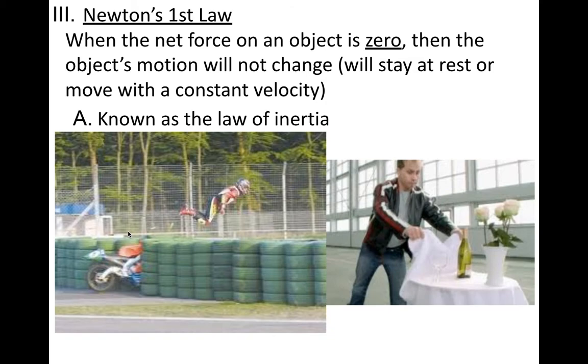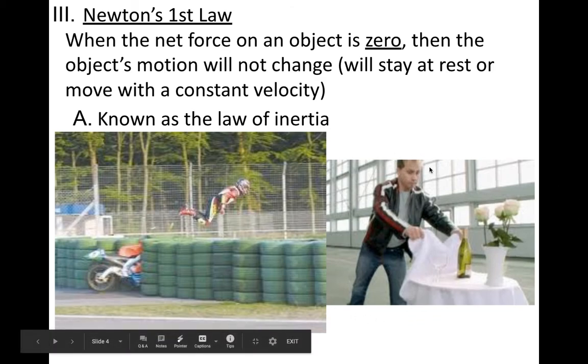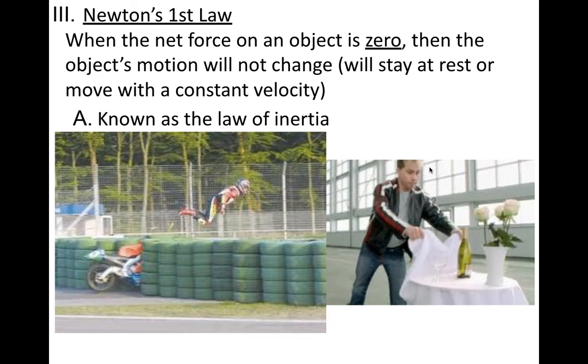He just keeps moving forward because that's what he was already doing. I'll give you an example next time we meet. The tablecloth trick is a classic example of Newton's first law. You can pull a tablecloth out from underneath the table setting because the things sitting on the table have inertia. They want to stay at rest because they were already at rest.